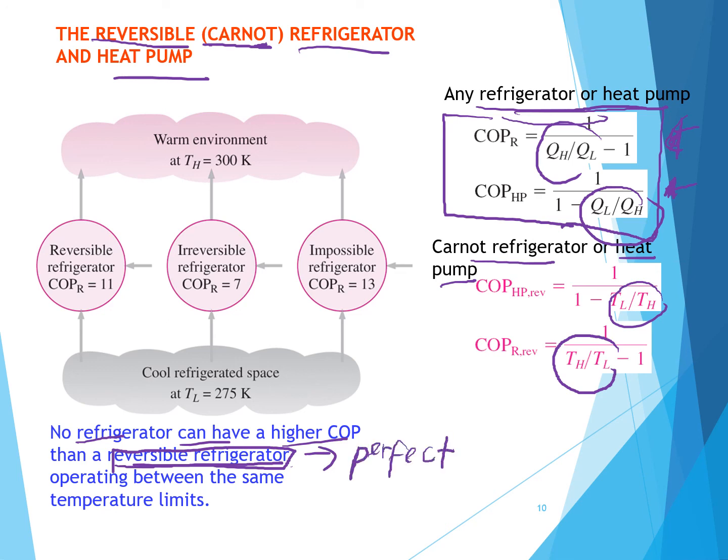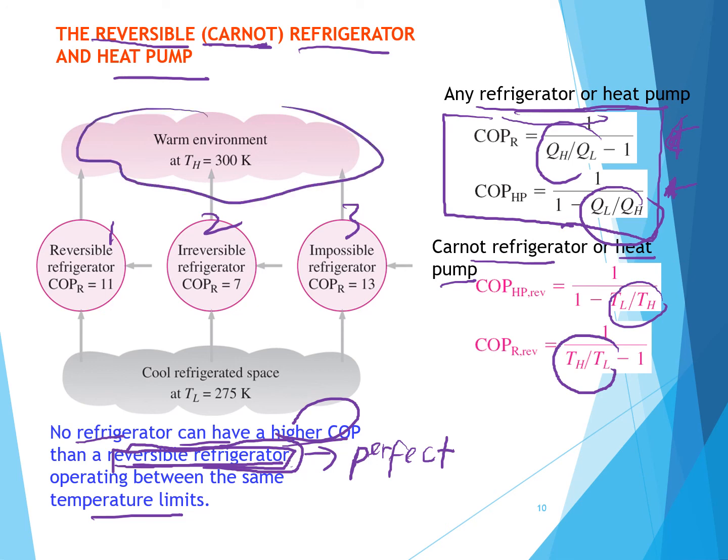So no refrigerator will have a higher COP than our perfect, reversible or Carnot refrigerator that operates between the same temperature limits. So as you can see here, you have three refrigerators operating at the same reservoirs. The first refrigerator is the reversible, the second is the irreversible, and the third one is the impossible refrigerator.